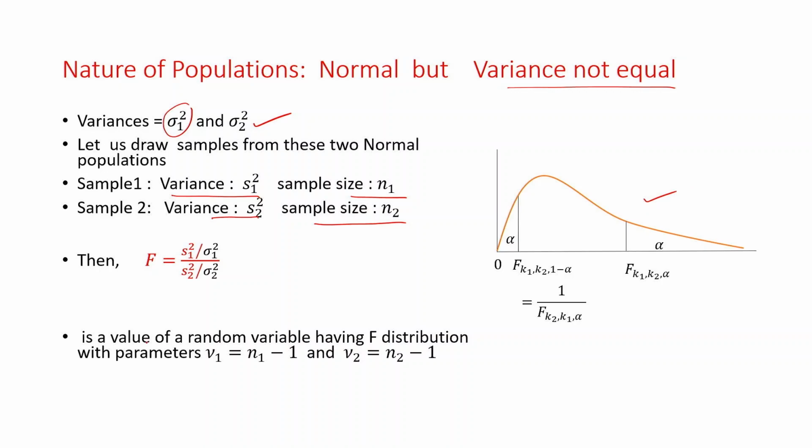This F is a random variable having F distribution, this ratio with parameters nu1, nu2, the degrees of freedom. Sometimes we express it by K1 or nu1. In this diagram it is shown as K1, K2, so we can make it K1 and K2 instead of nu1 and nu2.